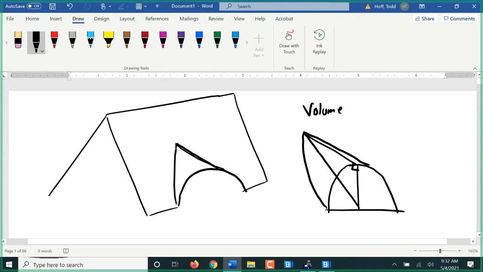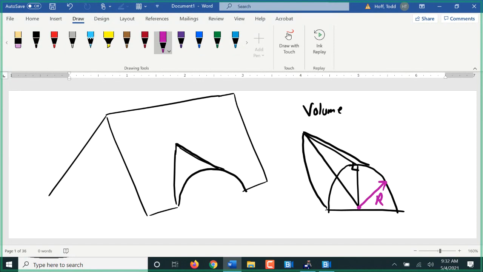So something similar to that. There are only a few dimensions, actually only two dimensions that we can measure about this dormer. One is the radius of the circle here. This is a true half circle. This formula only applies if this is a true half circle.